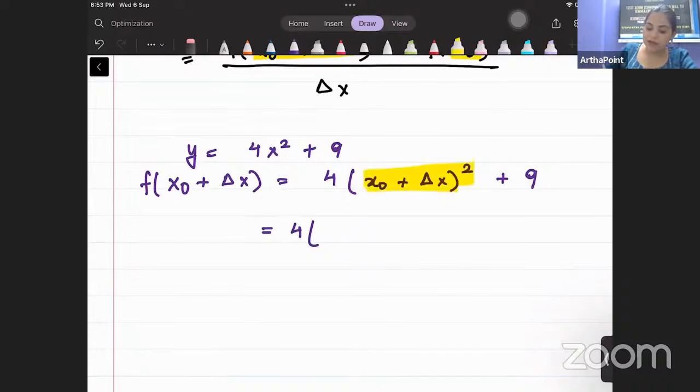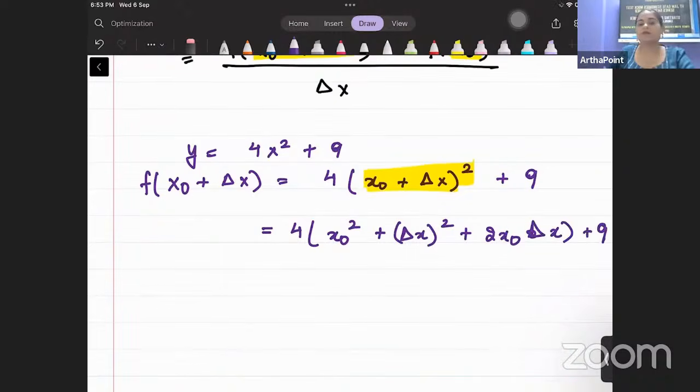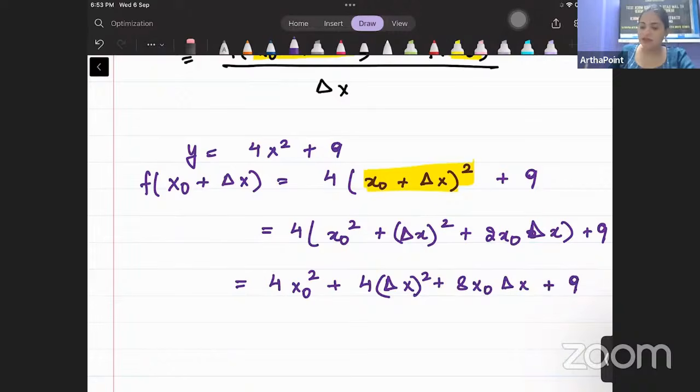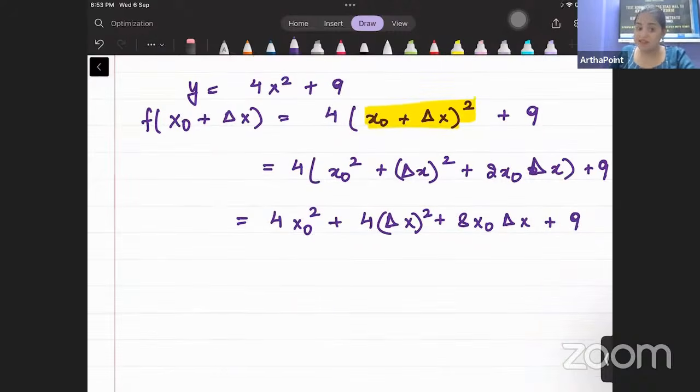What will you get? a square plus b square plus 2ab. Clear? So beta, we will have f of x naught plus change in x equals 4 x naught square plus 4 change in x square plus 8 x naught change in x plus 9. I hope this is clear. This is very very easy.